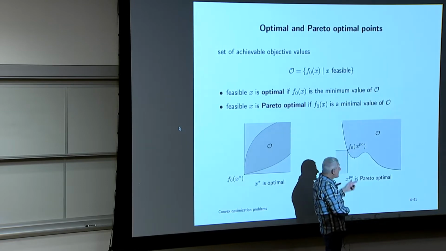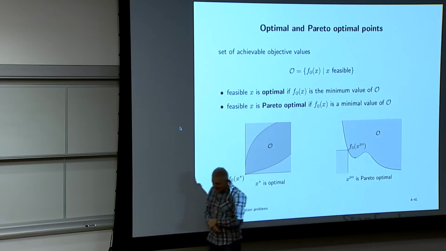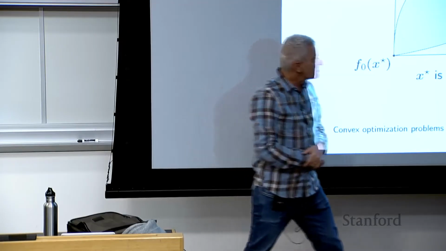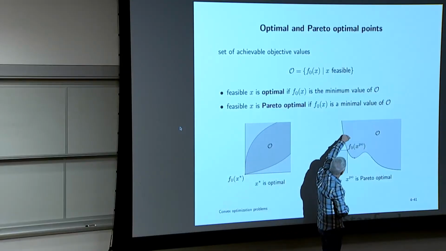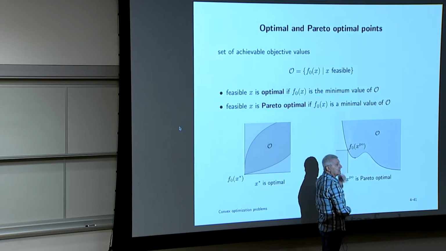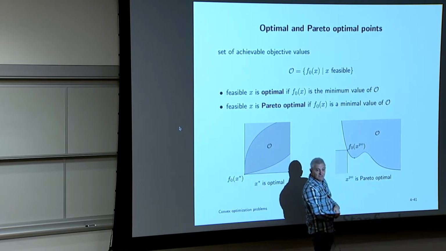In fact, another name for Pareto optimal is a great name. I forget which field uses it. It's called non-dominated. Right? So a non-dominated point, because something like this point here is dominated. In other words, there are choices which are simply better. They're strictly down and to the left, okay? So that's dominated.